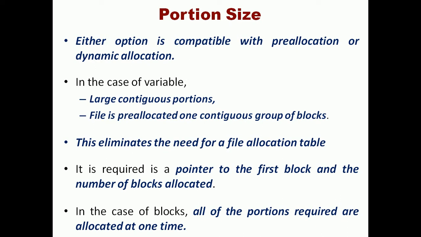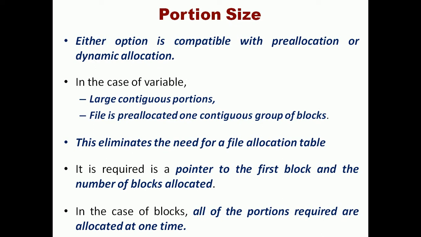So this eliminates the need for a file allocation table. There is no need for any file allocation table, because the file is pre-allocated. We need only the pointer to the first block to check where the rest of the blocks are. So the pointer is used here.